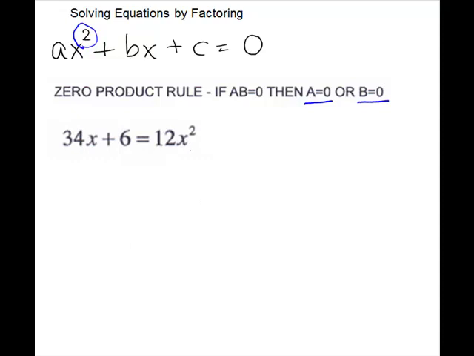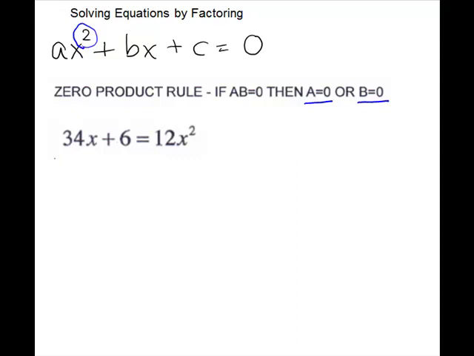Our next problem, also a quadratic equation. There's your equals, exponent of 2. It is not in the proper form, so we want to get a 0. For this one, because we would like to always keep a positive square term, we will get rid of the 34x and the 6. We'll move them to the other side.